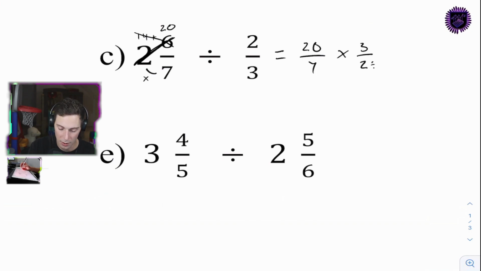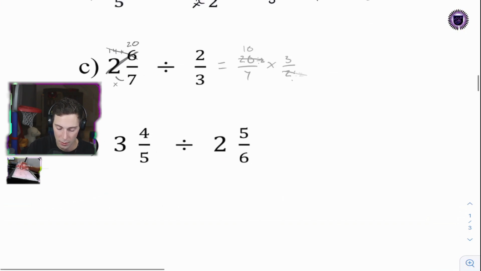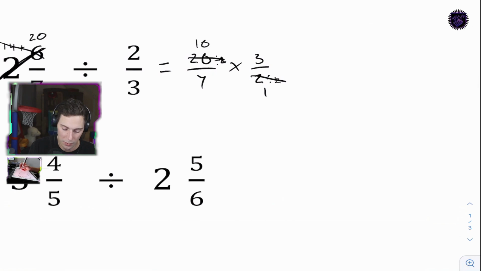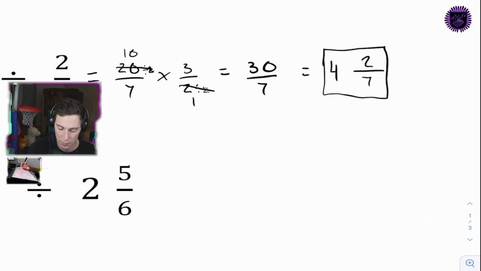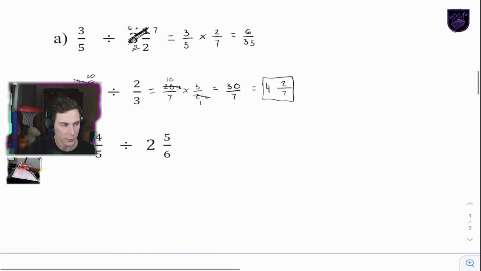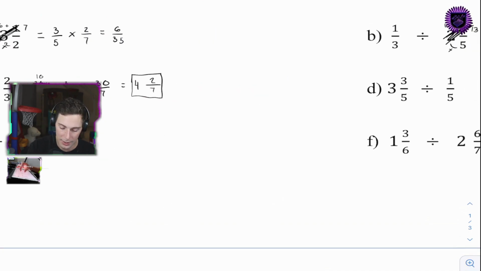We can divide by 2, makes that 1, divide by 2, makes that 10. Multiply across is going to be equal to 30 over 7. Of course, 7 times 4 is 28. So it's going to equal 4 and 2 sevenths. Nice.